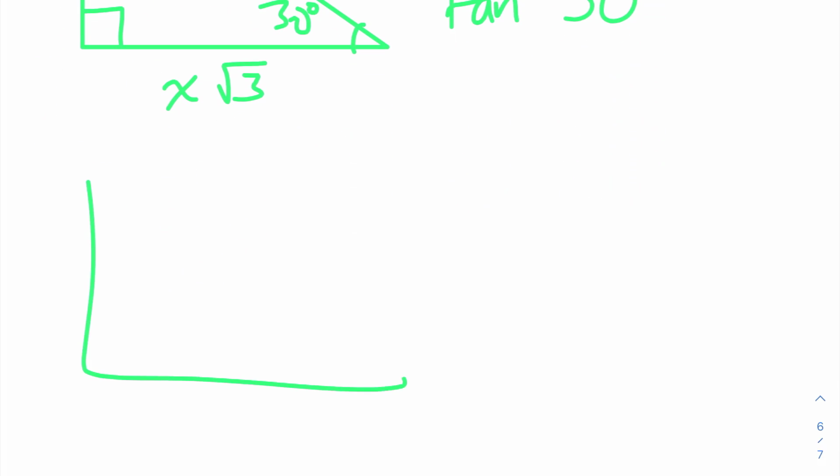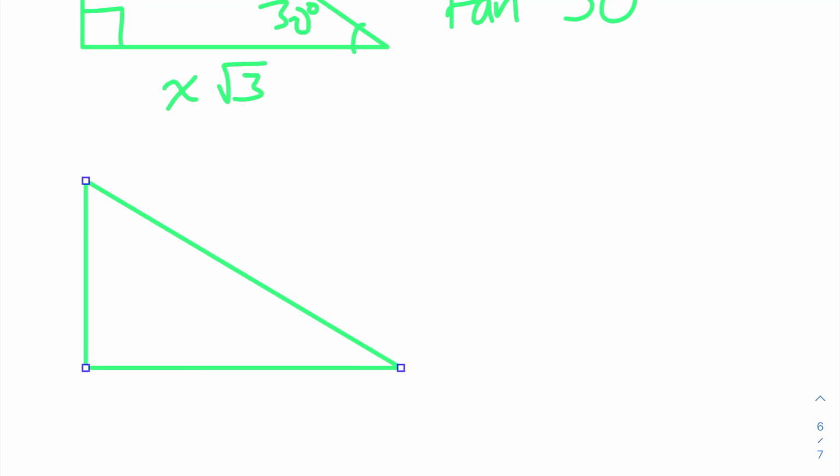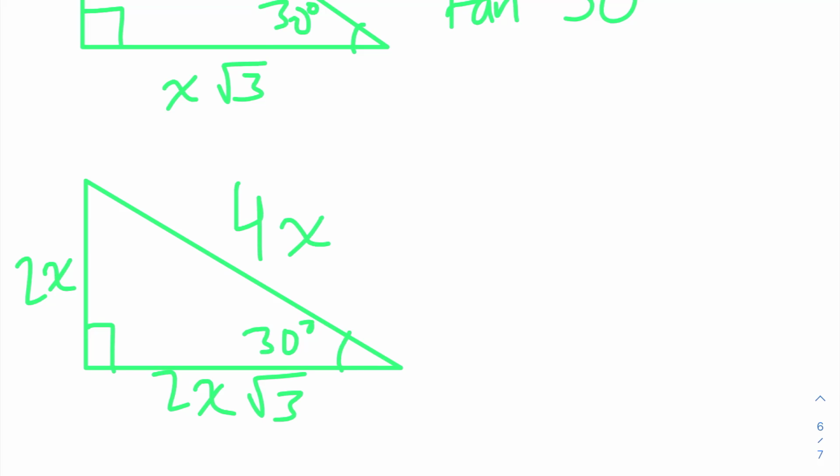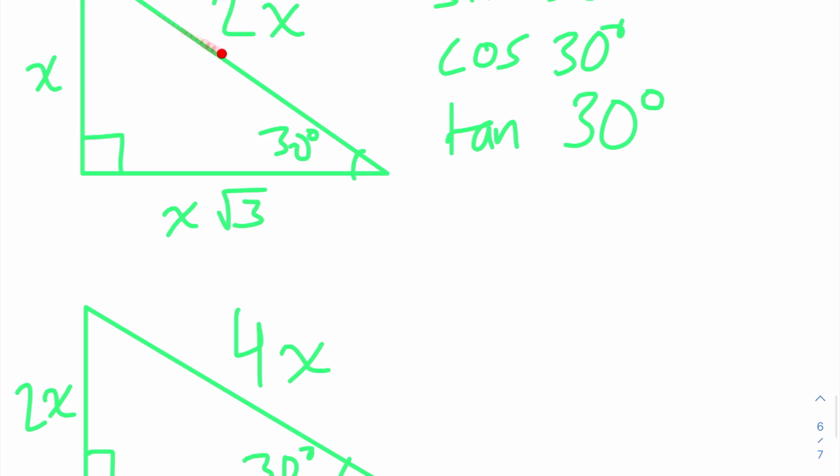If we make another right triangle that is similar to this triangle, with a 30-degree angle, except it is 2 times bigger, we see that both these triangles will be similar.